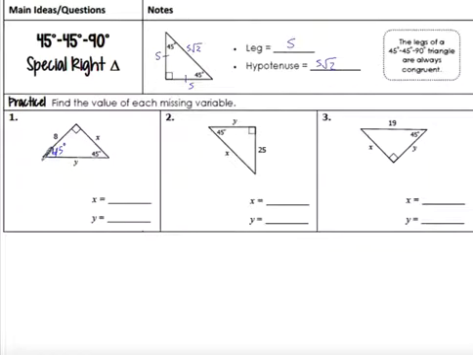And you know that because 45 plus 90 subtracted from 180 is also 45.